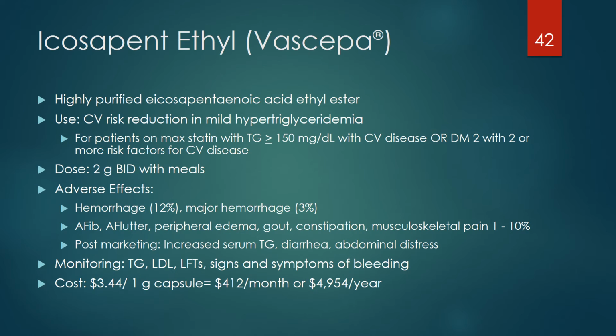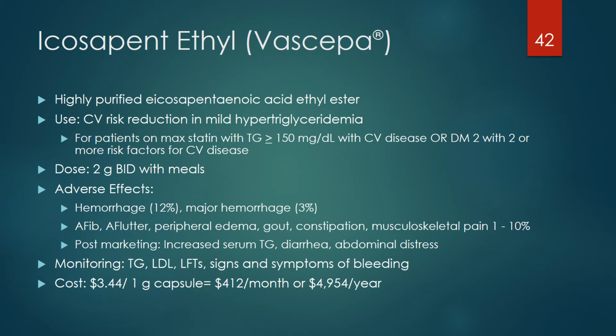So it's generally used for patients on max statin therapy with a triglyceride level still greater than 150 with cardiovascular disease, or if the patient is diabetic and has 2 or more risk factors for cardiovascular disease, then you could consider using it. Dose is generally 2 grams twice daily with meals.